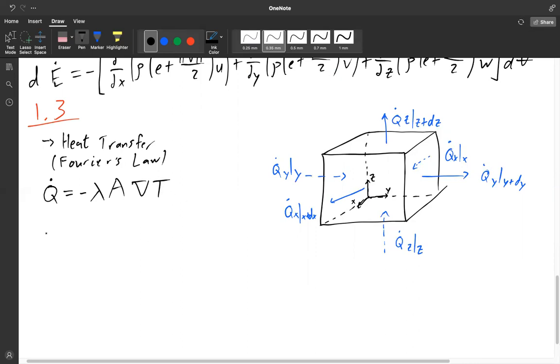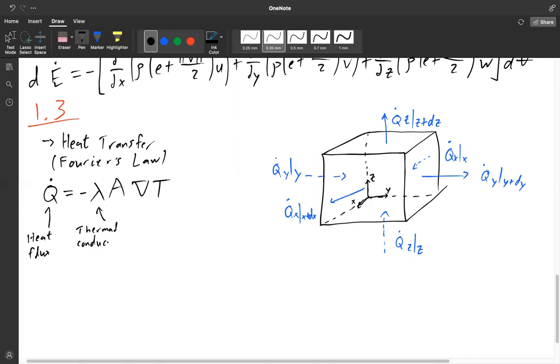where Q dot is the heat flux, lambda is the thermal conductivity.